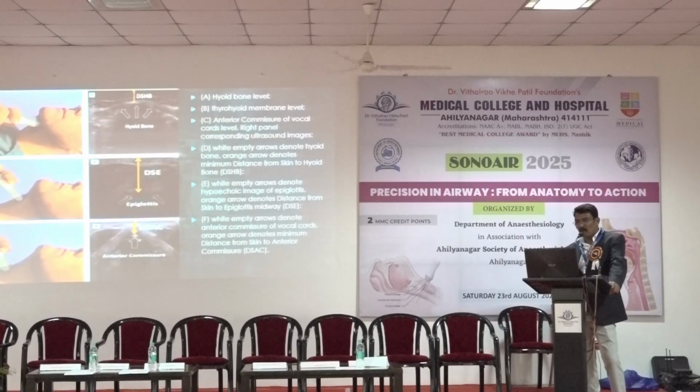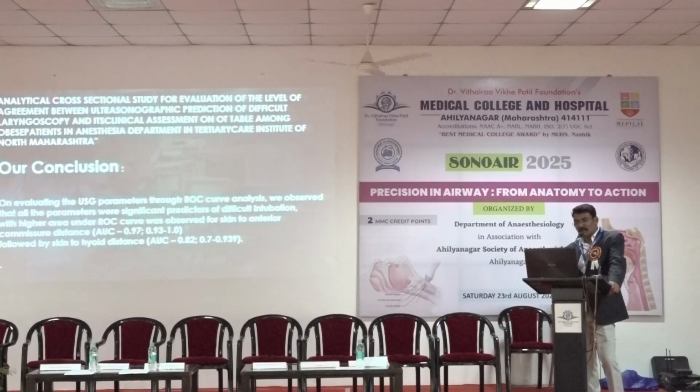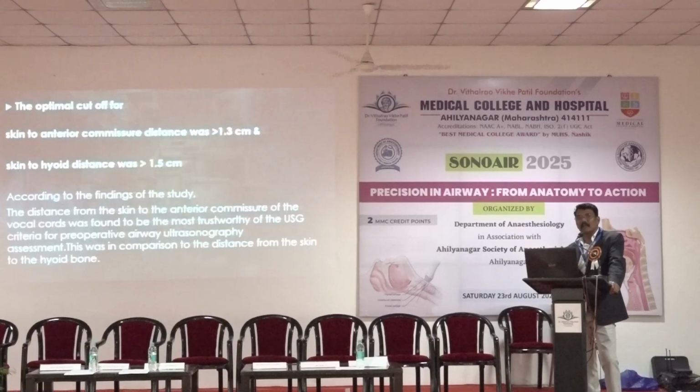So how can you use these findings to find out the difficult airway? A recent study conducted by Dr. Avinash Dole at SMBT Medical College found the difficult airway by calculating the distance from the skin to the epiglottis, the distance from the skin to the hyoid bone, and the distance from the skin to the anterior commissure of the vocal cords.